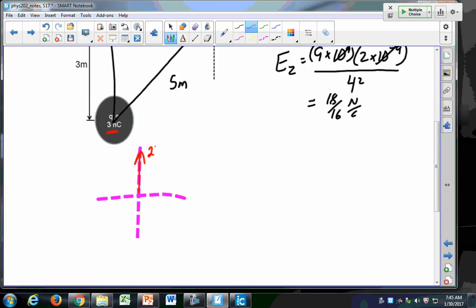The first one's going to be 27 over 25, that's its magnitude, times the sine of 37, and 27 over 25 cosine of 37. And then E2 had a value of 18 over 16. Now we figure out what those are.